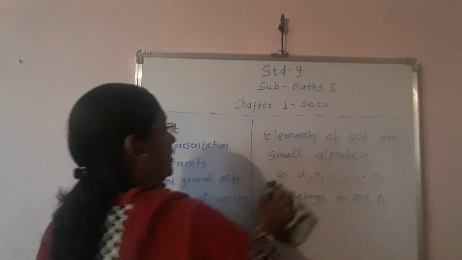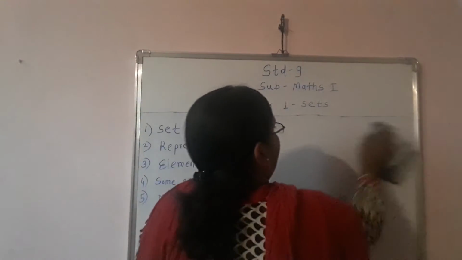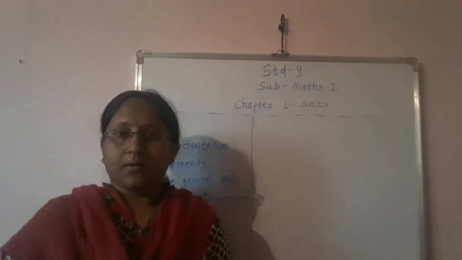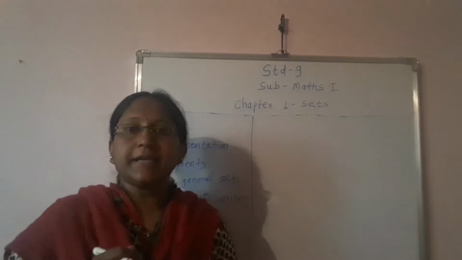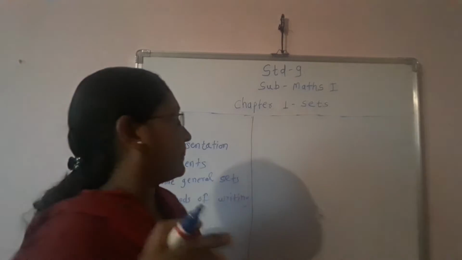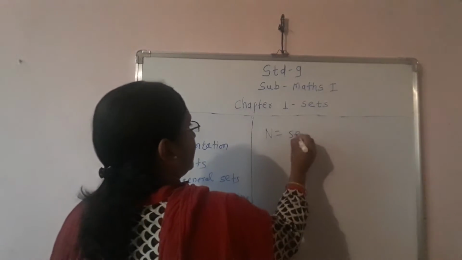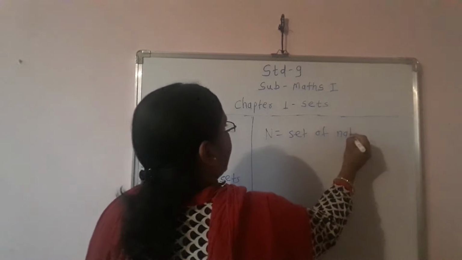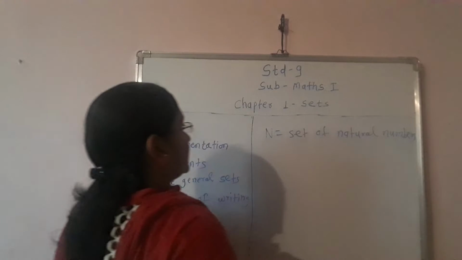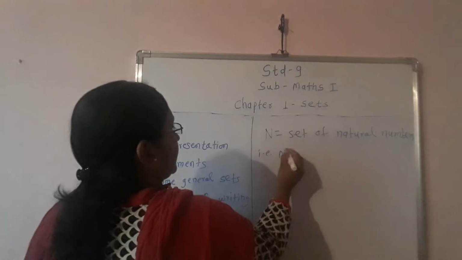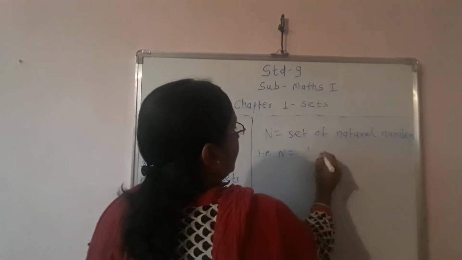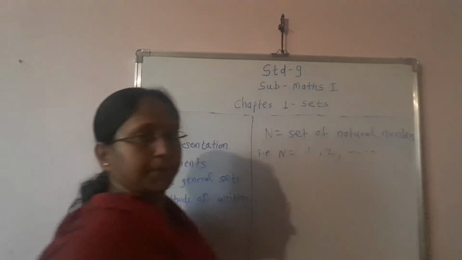Then we see some general sets. First I take the set of natural numbers. What do you mean by natural number? Natural numbers start from 1 to infinity. So N is equal to the set of natural numbers, N = 1, 2 up to infinity.